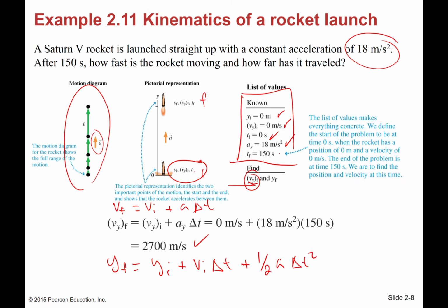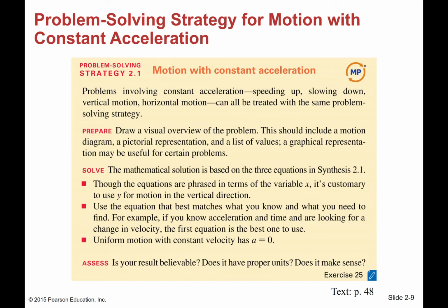I know y initial is 0, I know v initial is 0, and I know a is 18 meters per second squared, so I get that y final is equal to 1/2 times 18 times delta t squared, which is 150 seconds squared. And then I can solve for y final right there. And so that's how we solve problems. Those are the steps that we use to solve problems.